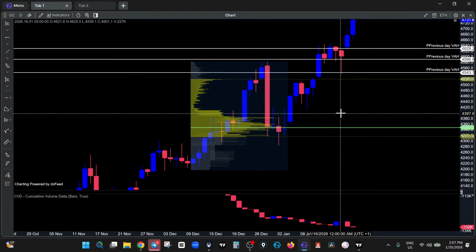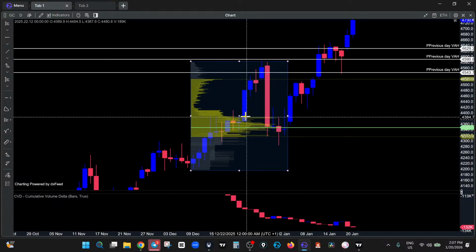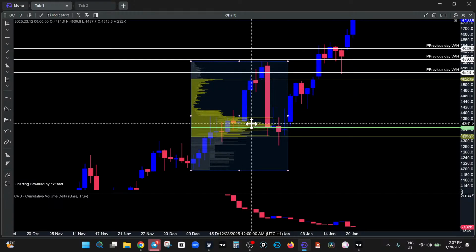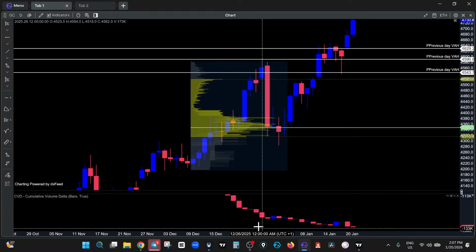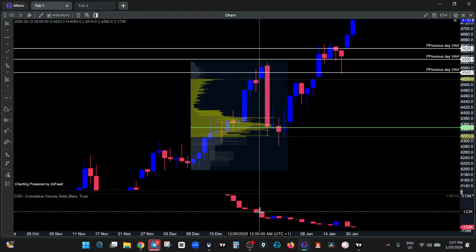Now the question is, how do you read volume profile? Volume profile shows you the volume per price, not like the traditional volume that shows you per time. This shows you per price. At a certain price, 20 lots entered.